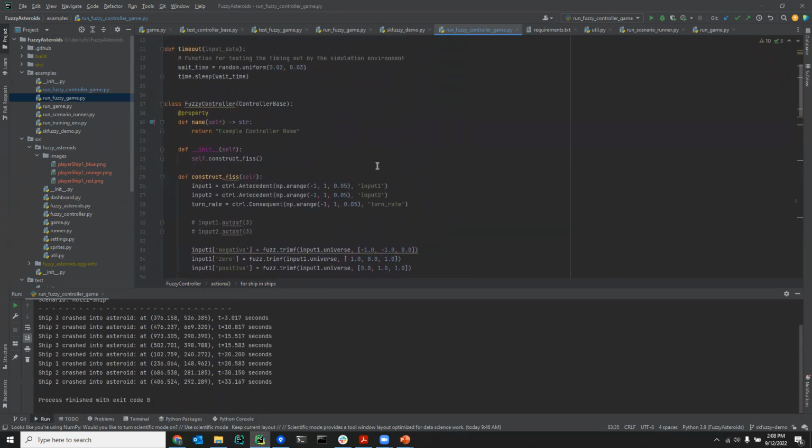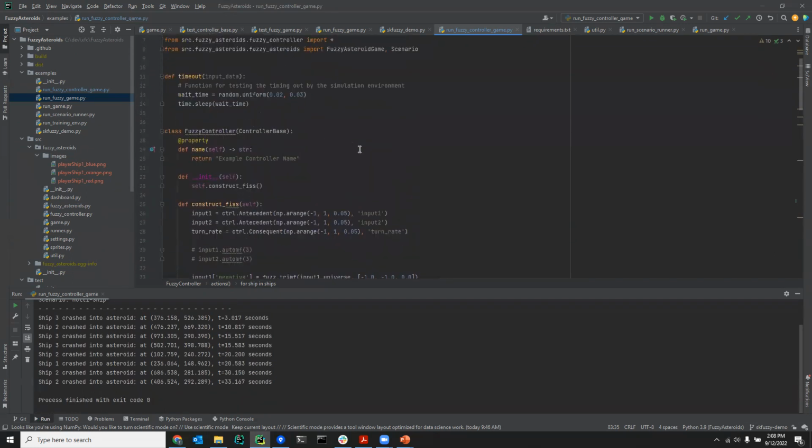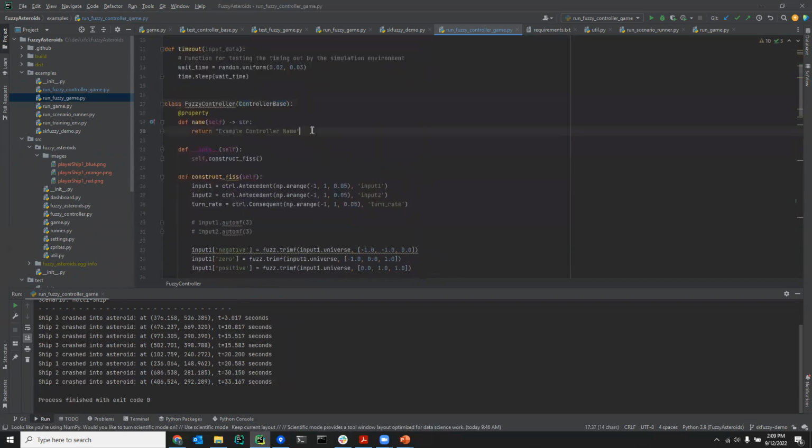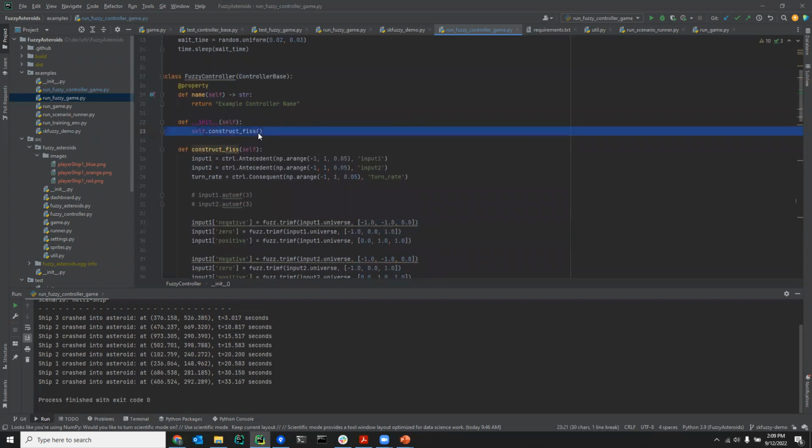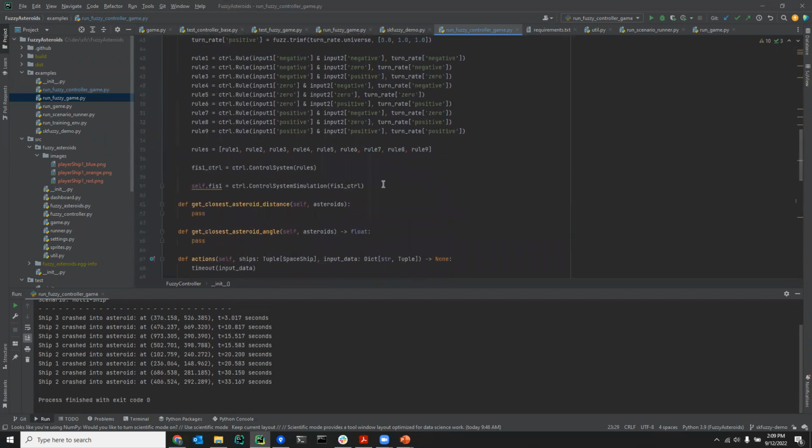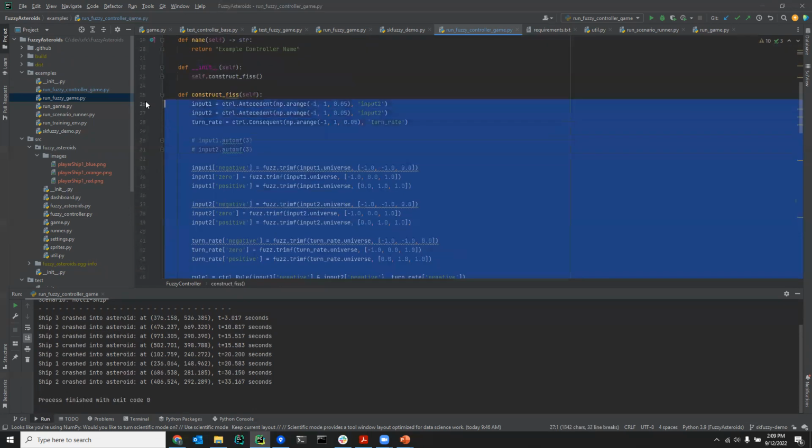So one more time, we're in our fuzzy controller class, which inherits from controller base. Within this, you need to define the name of your controller and the initialization method. In this case, we don't have anything to initialize besides constructing our FISs, and the constructing FISs function is simply creating that FIS.